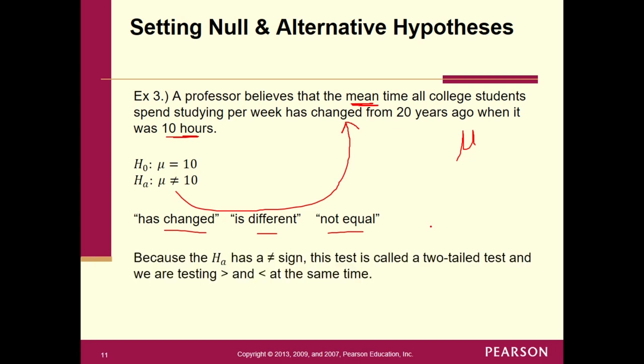This is an important statement: because the alternative hypothesis has a not equal to sign, this test is called a two-tailed test, and we are testing both greater than and less than at the same time. So when you are running a two-tailed test, you are testing both of these at the same time. You're trying to pick up on any type of difference. Doesn't matter if it's less than or greater than.